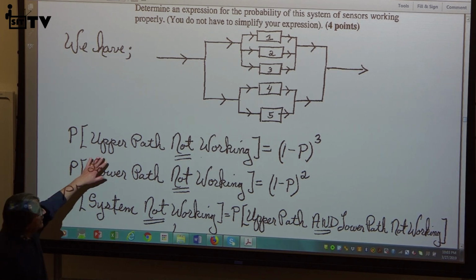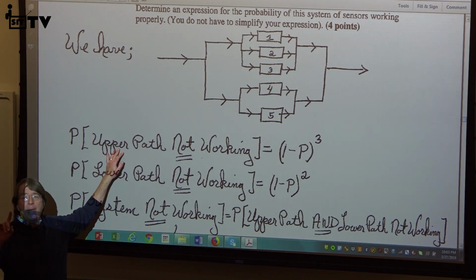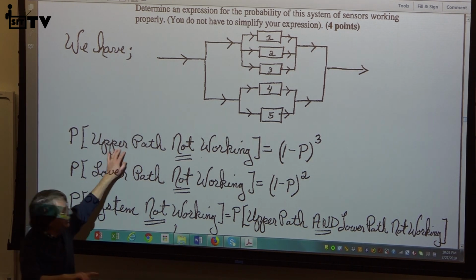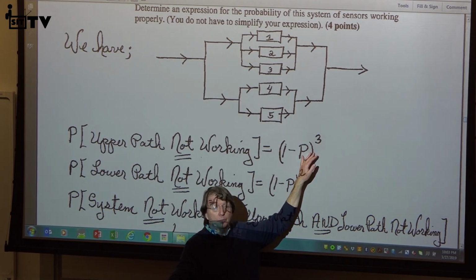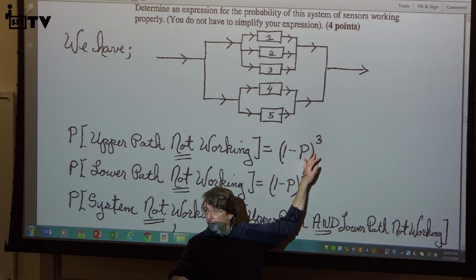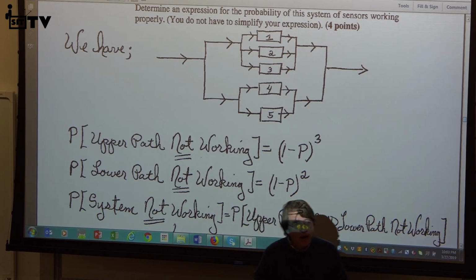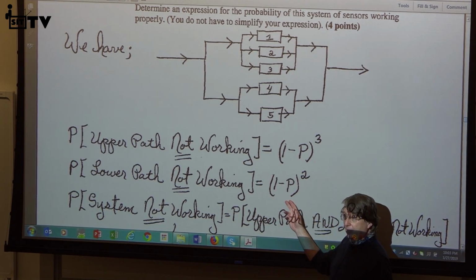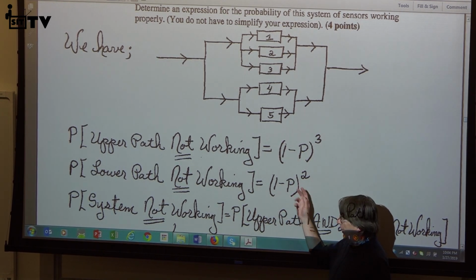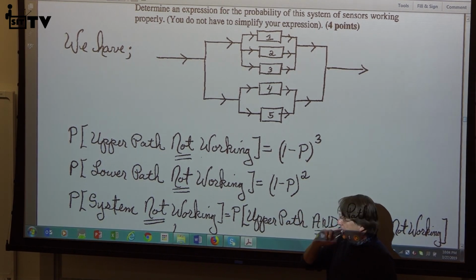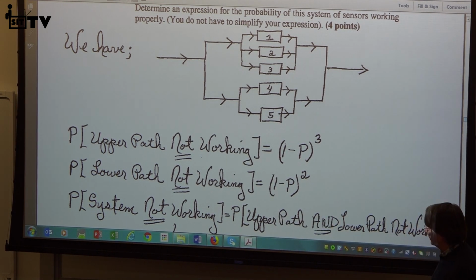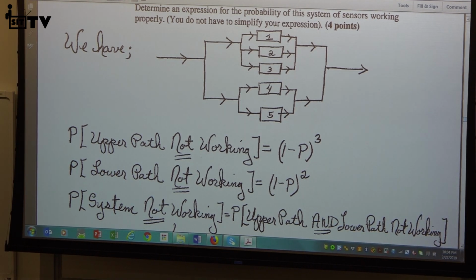The probability of the upper path not working: the quantity, 1 minus p cubed. The probability of the lower path not working: the quantity, 1 minus p squared. The probability of the system not working is the upper path and the lower path not working.